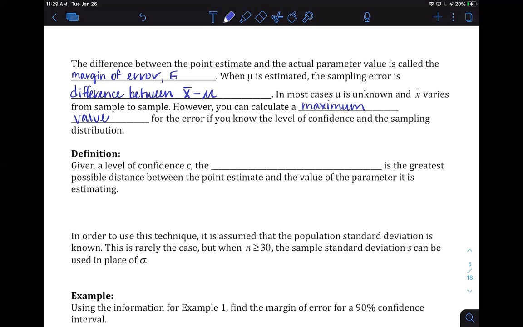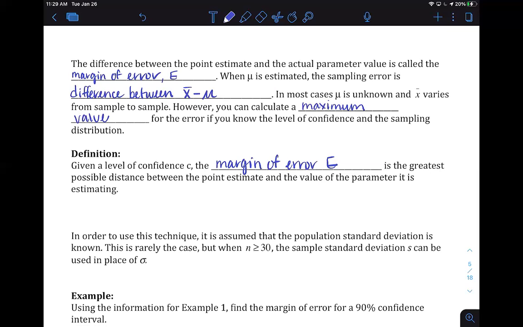So, given a level of confidence C, the margin of error E is the greatest possible distance between that point estimate and the value of the parameter it's estimating.